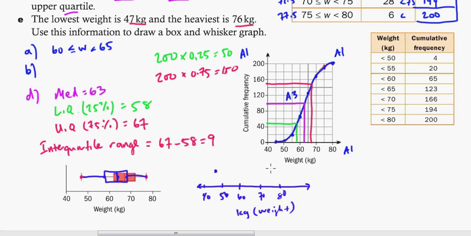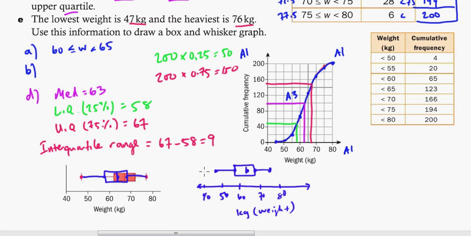Okay, and on IB graph paper, this is easy. 76, okay. The median 63. Okay, the lower quartile is 58. The upper quartile is 67. And we are good to go. Make your whiskers and then your box plot. Okay, so sorry about that. I did not notice that graph was messed up. But it's all right. Sometimes you can learn from some mistakes here.